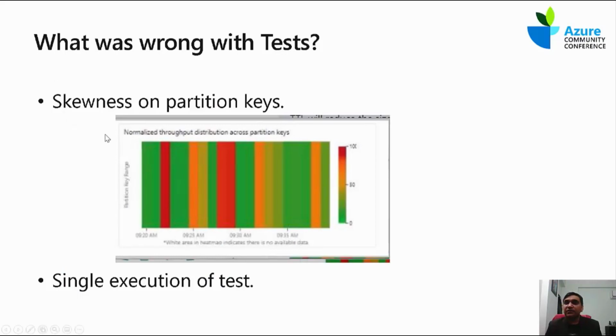What can go wrong? Skewness. The problem is sometimes we forget to generate uniform data. Sometimes the data generation is completely different from the actual environment. That way, your results will be affected. Coming to skewness, let me show you with an example.